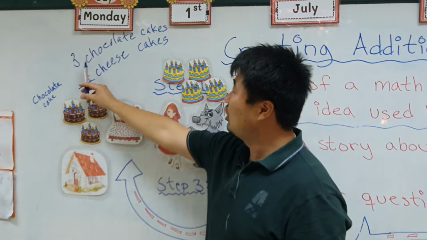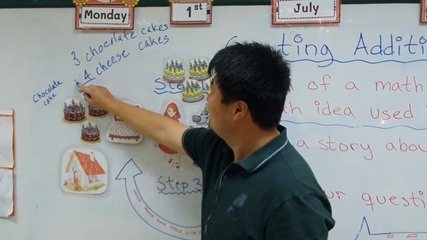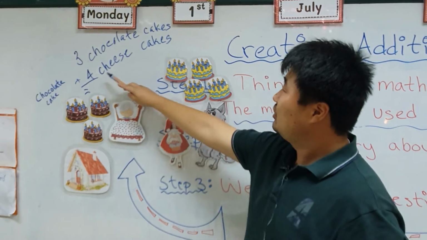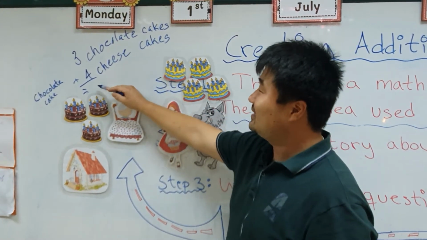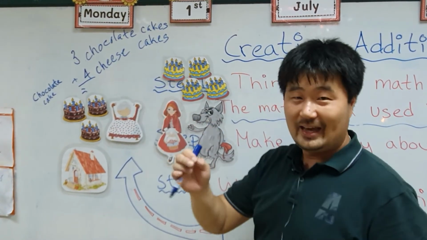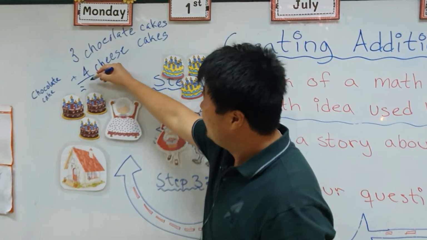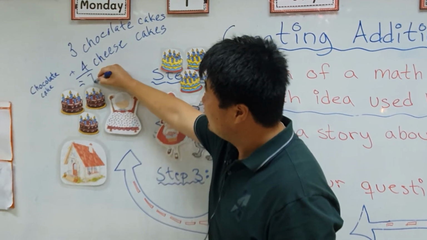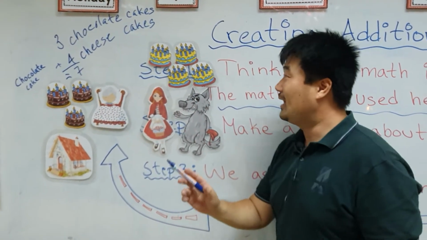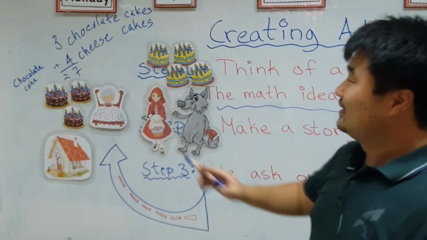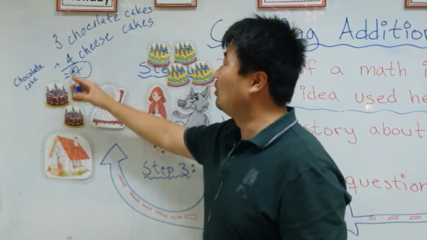So 3 chocolate cakes plus 4 cheesecakes. What is the total of that? Anyone? Yes, that is correct. 3 plus 4 equals 7. So the answer is 7. 7 cakes all together.